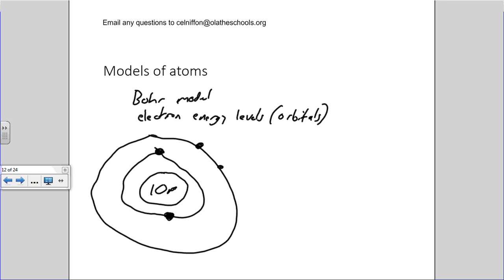So 1, 2, 3, 4, 5, 6, 7, 8, 9, 10. That center one again is the nucleus. The outer ones are the electrons, and the lines are the electron energy levels.